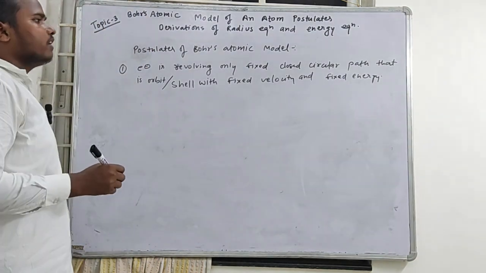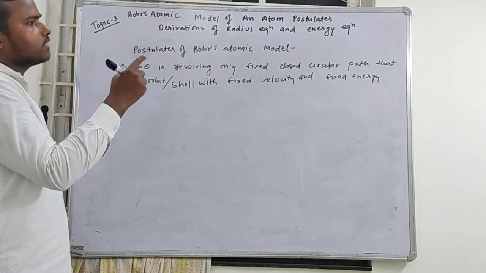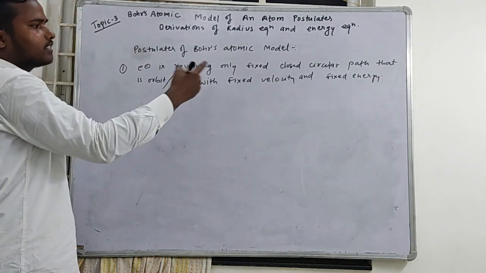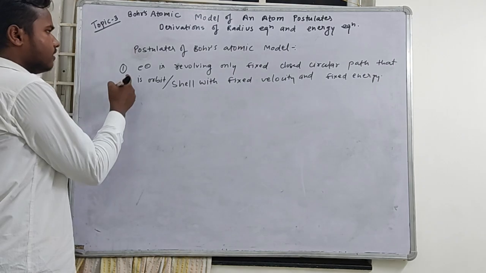Electron is revolving only in a fixed closed circular path, that is orbit or shell, with fixed velocity and fixed energy.